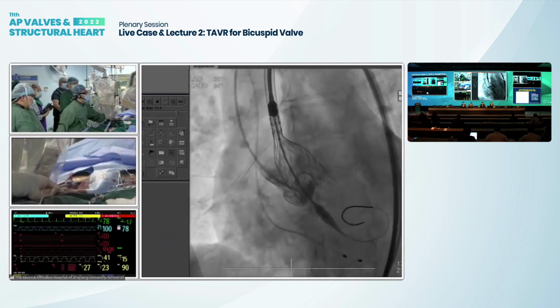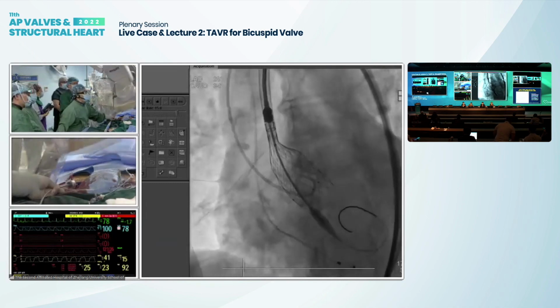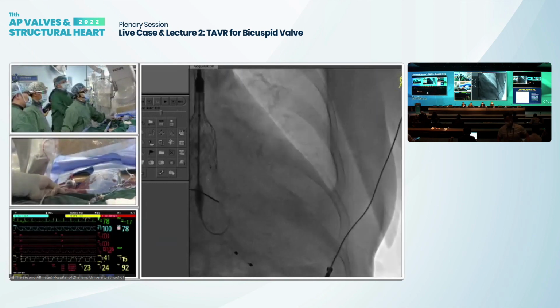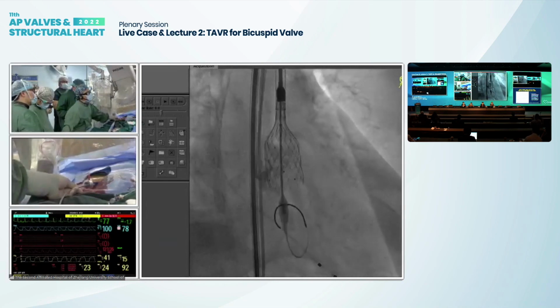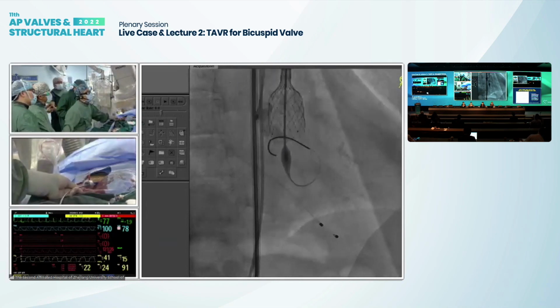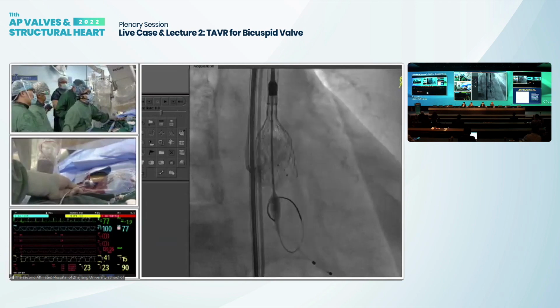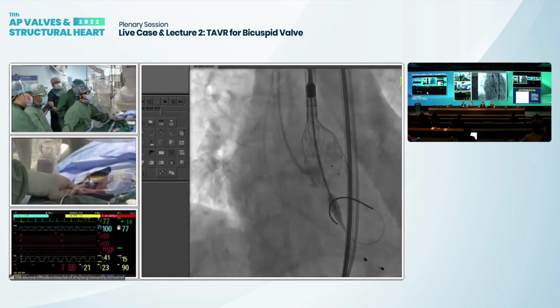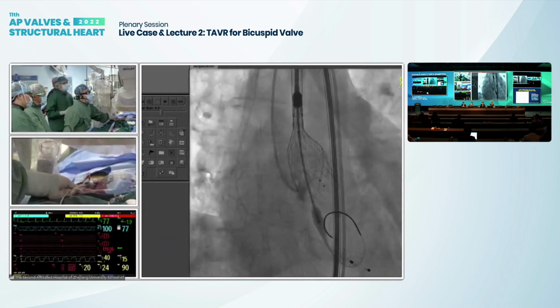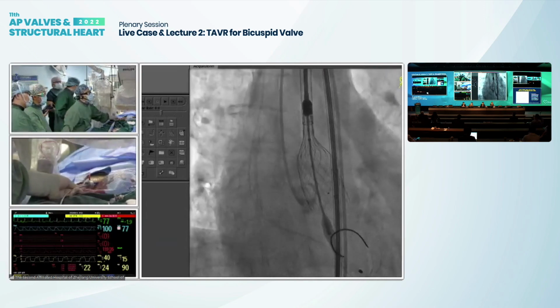So I would say maybe it should go a little bit down, depending on the anchoring force, supra-annular structure anchoring force. Not so many, but we still see some patients who need a very high deployment above the annulus.